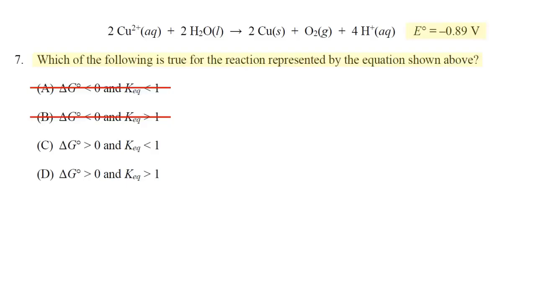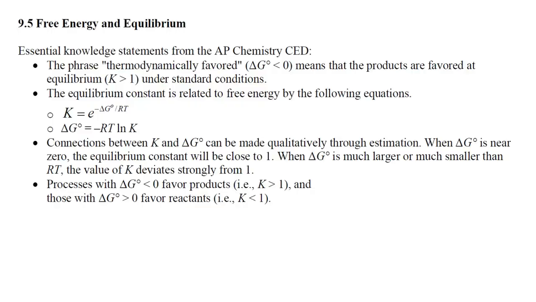Now, what about the value of the equilibrium constant K? Well, if we look at topic 9.5, free energy and equilibrium, processes with a negative delta G, which would indicate a thermodynamically favored process, would have an equilibrium constant K that is greater than 1, favoring the products. But here in question 7, we have a positive delta G. This reaction is not thermodynamically favored, so therefore the value of the equilibrium constant K would be less than 1, favoring the reactants, not the products.